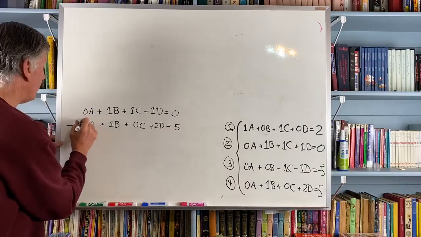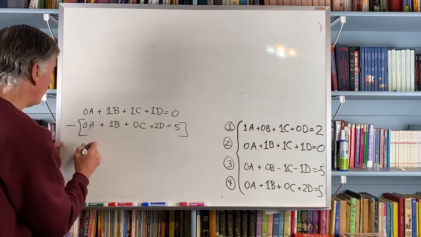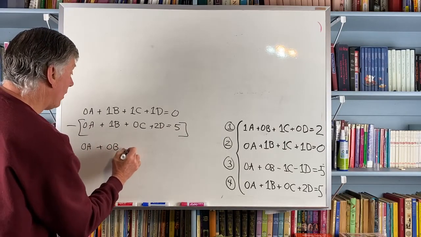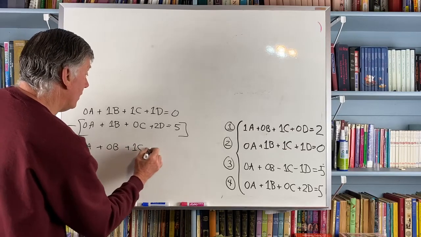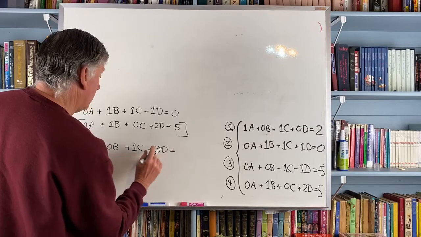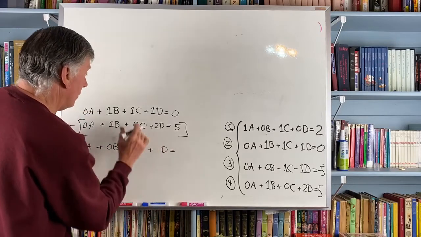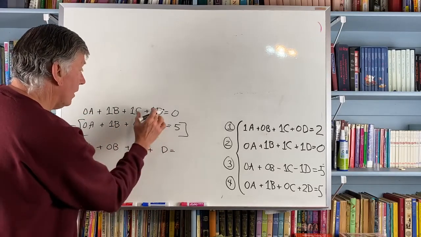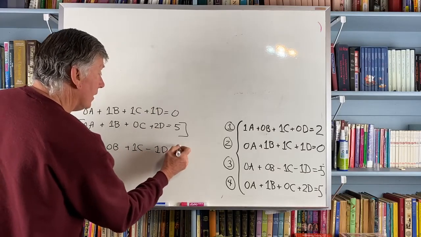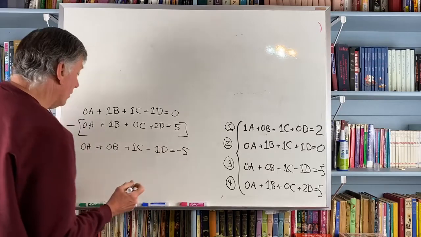If I subtract this one, I'm going to get 0a plus 0b, which is what I want, plus 1c, oops, 1c minus 0c is 1c. 1d minus 2d is minus 1d, equals minus 5.